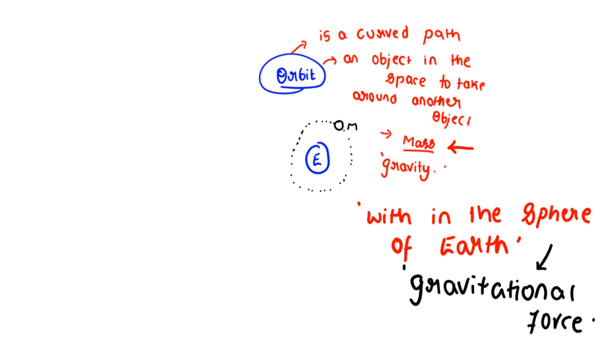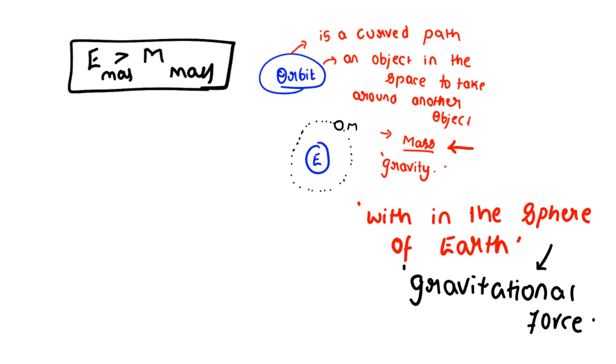Here the earth has greater mass than the moon. Earth's mass is greater than the moon's mass. That's why the moon is rotating around the earth in a fixed path. So I think you got complete knowledge of the orbit.